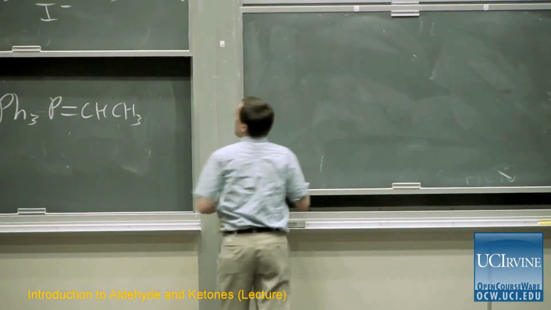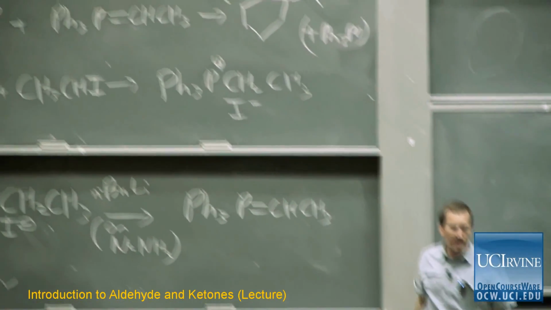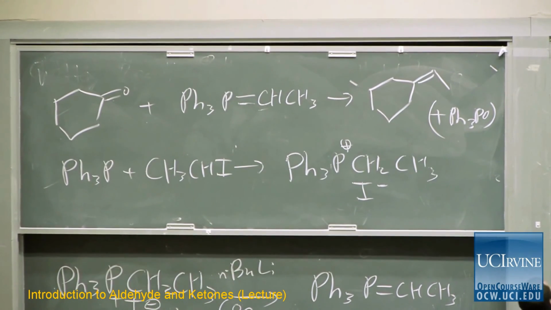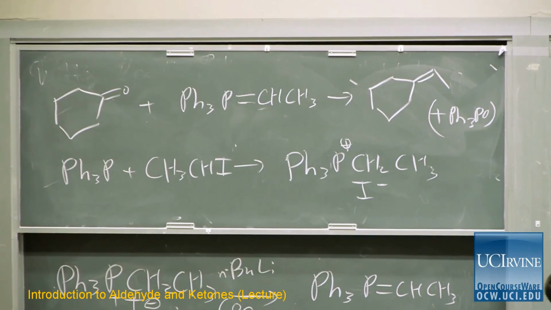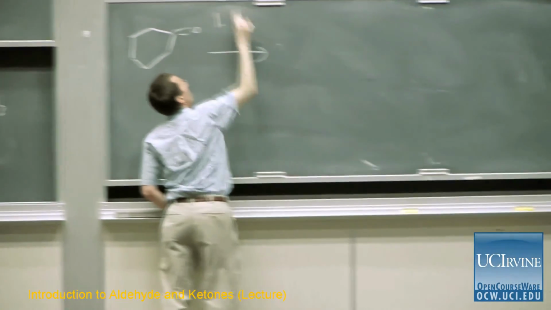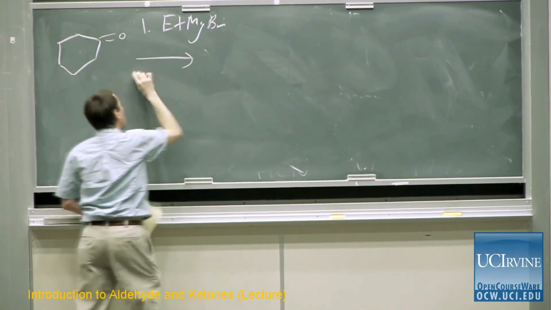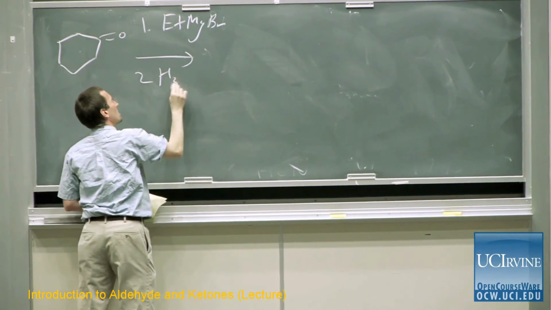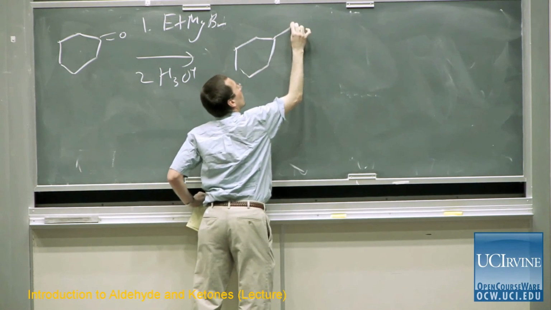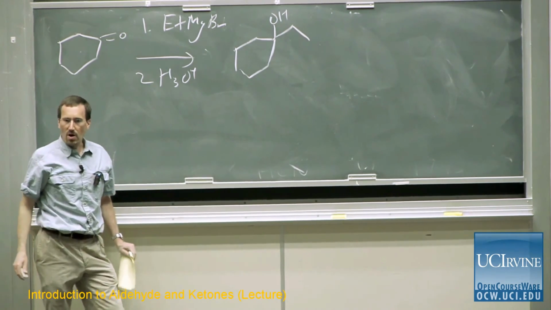If we wanted to make this same alkene by doing an E1 elimination reaction, I might imagine starting with cyclohexanone and treating it first with ethyl magnesium bromide, and then doing an aqueous workup to give the corresponding alcohol.